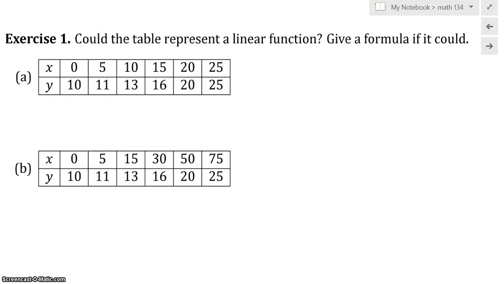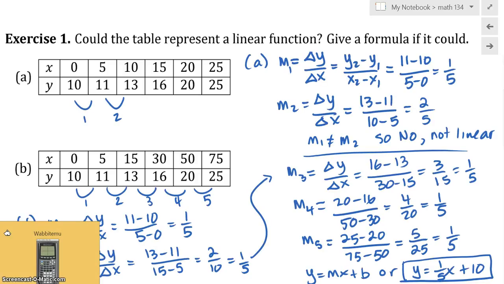So now I would like you to try exercise 1. Could the table below represent a linear function? And if it could, give a formula for it. So pause it, try it, and then come back to look at the solution to exercise 1.